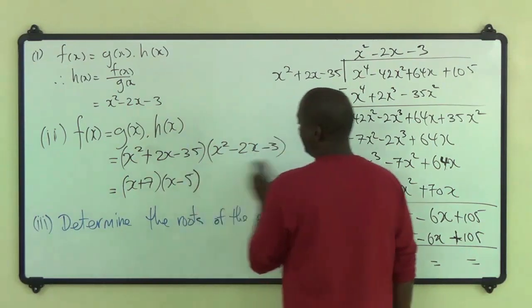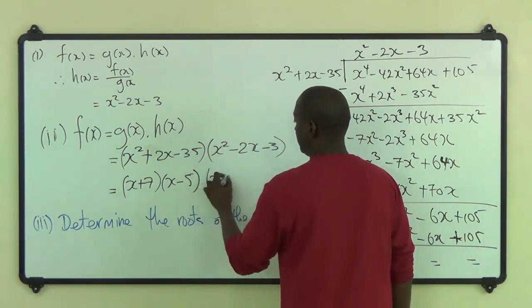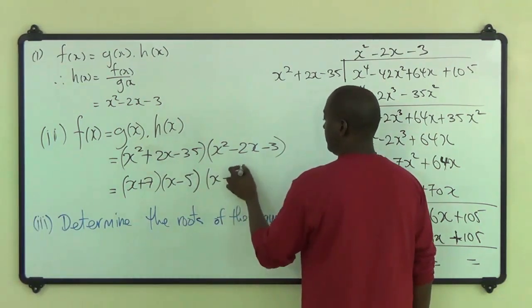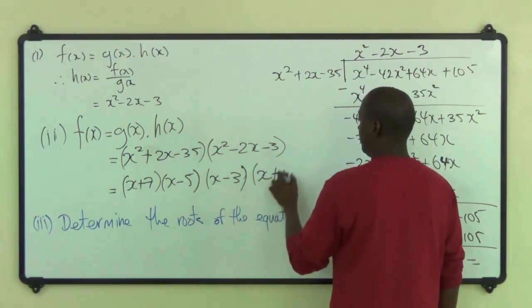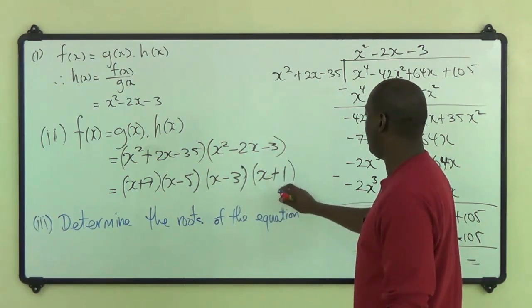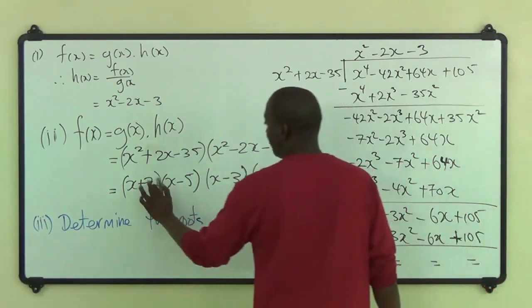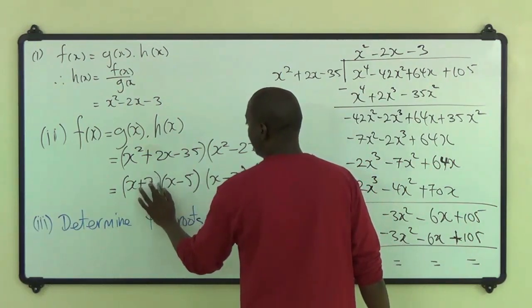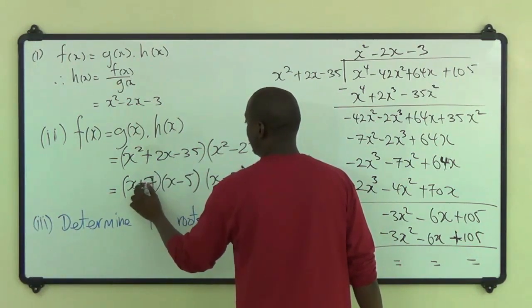And this would be minus 3 plus 1. x minus 3 into x plus 1. Alright? And that is your factorization. So when you factorize this, you get x plus 7 into x minus 5 into x minus 3 into x plus 1.